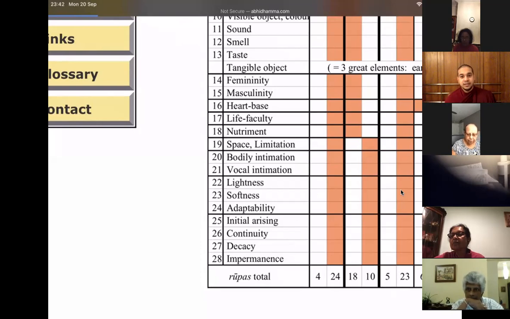For that fact of continuity, that continuity of karma cannot be done without the essence of life faculty.